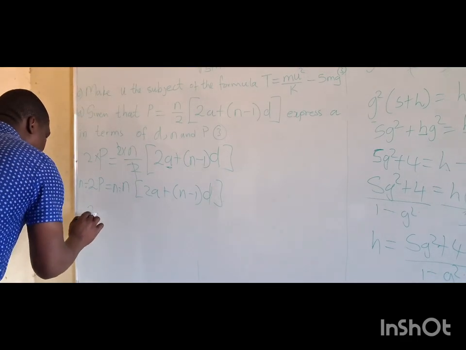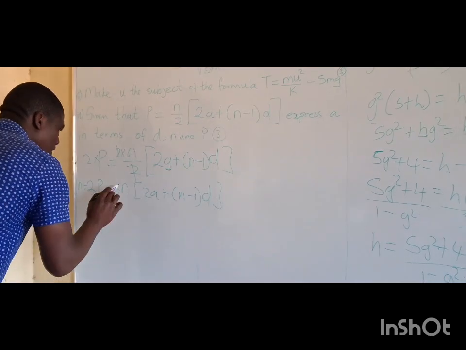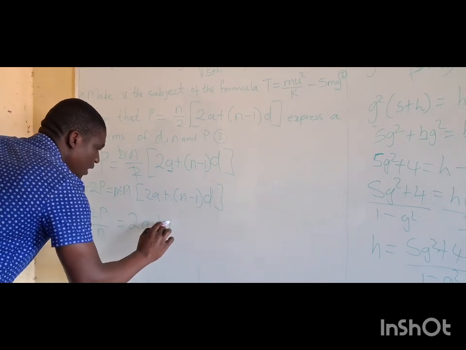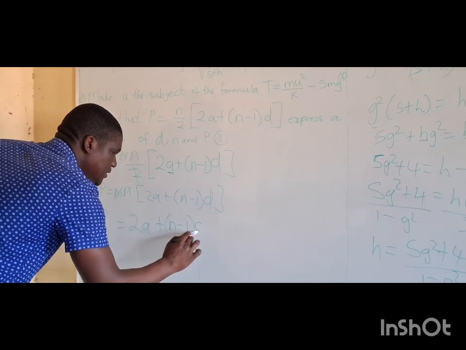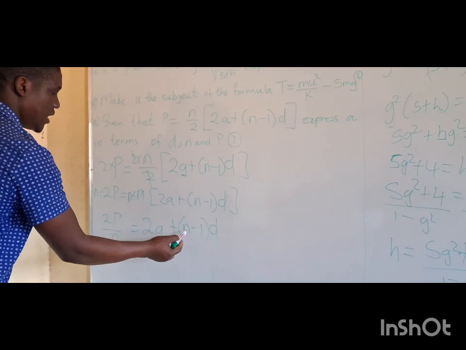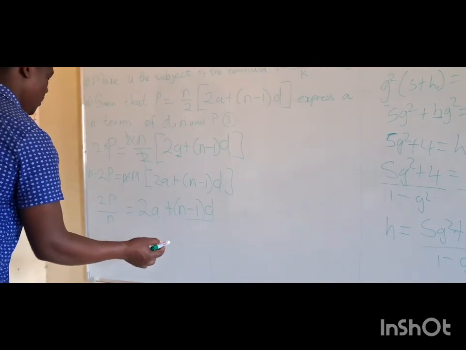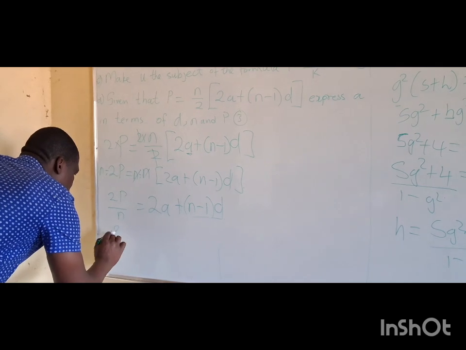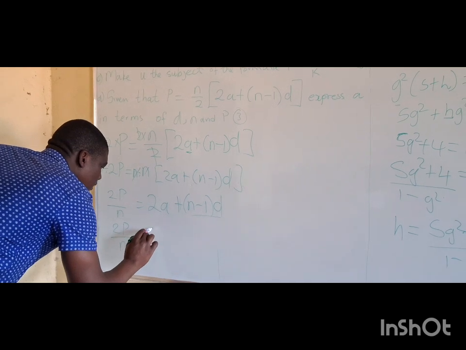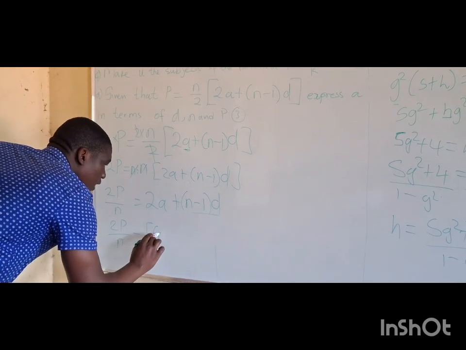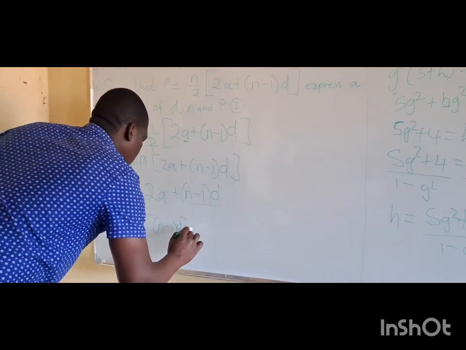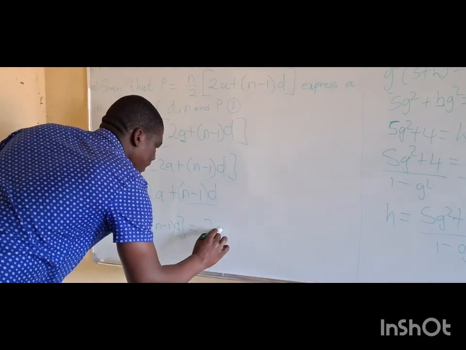So we are having 2p over n. This n and this n cancel. This is equal to 2a plus n minus 1 d there. We want to make a the subject. We move this one to this side. So we are having 2p over n minus n minus 1 d is equal to 2a.